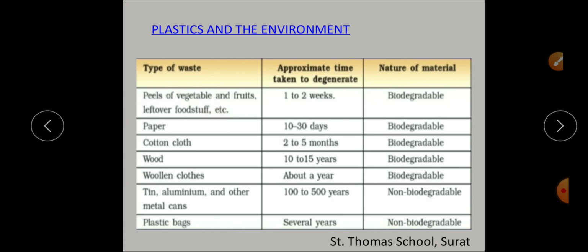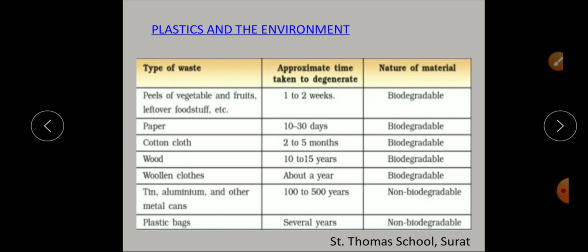These are the types of waste which can be decomposed naturally by the action of bacteria, and they are called biodegradable. The approximate time it takes to decompose is 1 to 2 weeks, and the nature of the material is biodegradable.